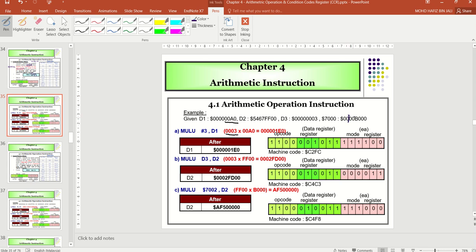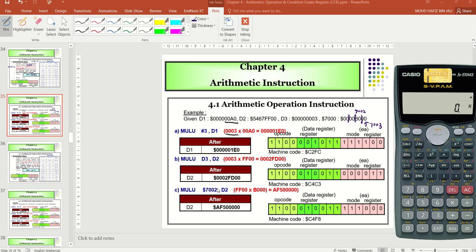If you make it in the memory map, this one is 7002, this one is 7003. So 7002 is B000, B000 times D2, FF00.